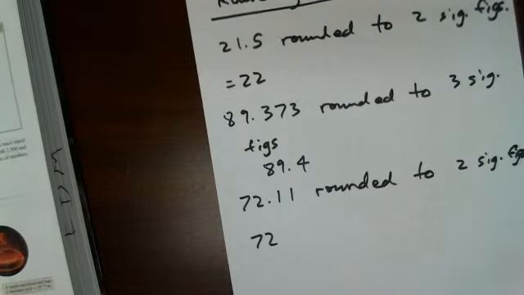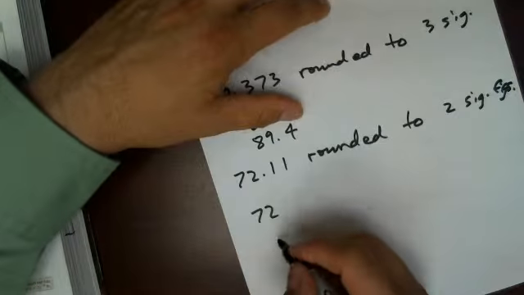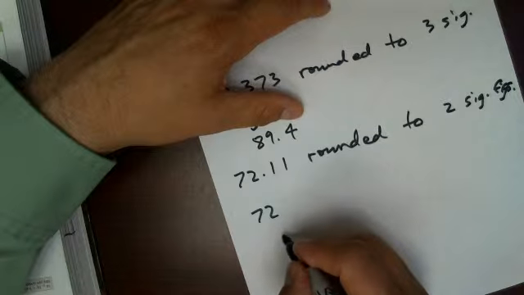Let's have a look at how we add and subtract with significant figures. So first of all, let's do adding and subtracting, which is actually the more difficult to understand.